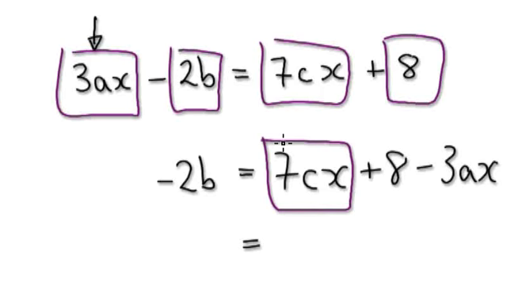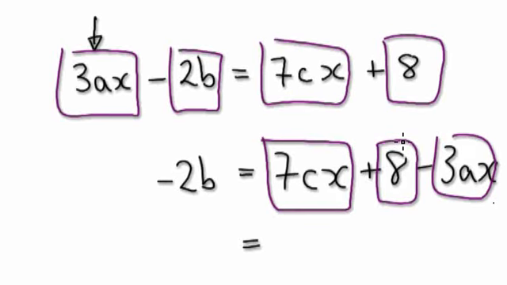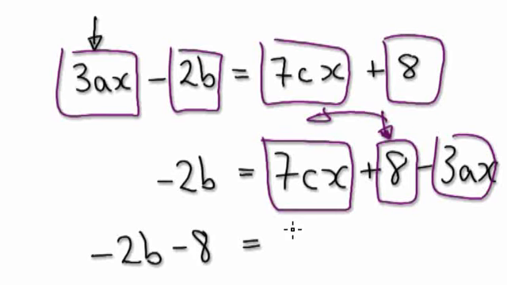So now you'd visualize it as this. Equals plus this, take away this, and then this one here is classed as rubbish. It doesn't contain X. So move this one to the other side. So take away 8 from both sides. Minus 2b, take away 8, and then on this side you have 7cx minus 3ax.